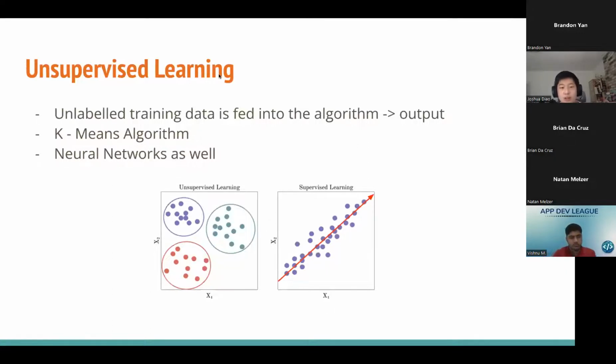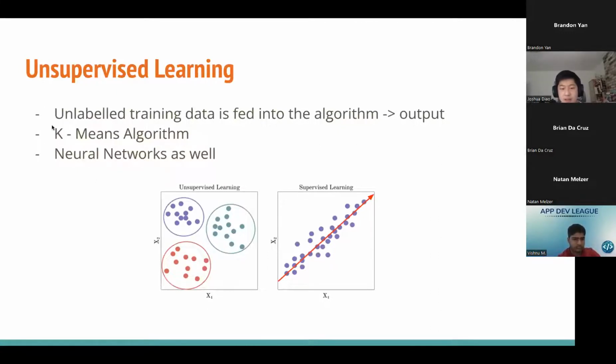So unsupervised learning, as Vishnu said earlier, is basically putting unlabeled training data into our algorithm, and we're hoping that the algorithm somehow groups up our data and gives us an output. Neural networks can do unsupervised learning, but we won't be covering that today. The main algorithm we'll be covering, or basically giving an example of what unsupervised learning looks like, is the k-means algorithm.